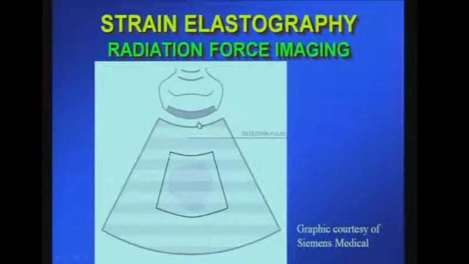So you can create a strain elastogram by doing what we call radiation force imaging. This is where you send a stronger ultrasound pulse to push on the tissue, and then you interrogate with some tracking pulses to see how far the tissue has moved in response to the pushing pulse. So in this illustration, provided courtesy of Siemens, the push pulse is the amber waves.